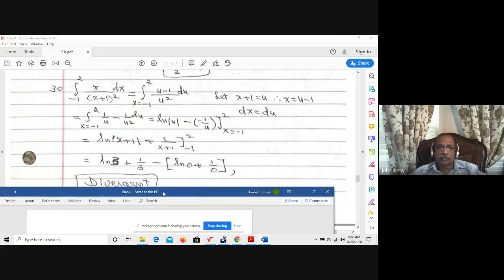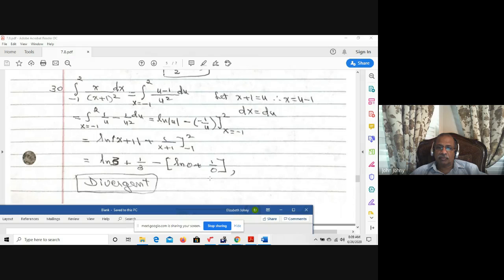When you substitute x equal to negative 1, you get x plus 1 becoming 0 in the denominator, which is infinity. So this final answer is negative infinity. Therefore, the integral is divergent. This 1 over 0 makes it divergent.